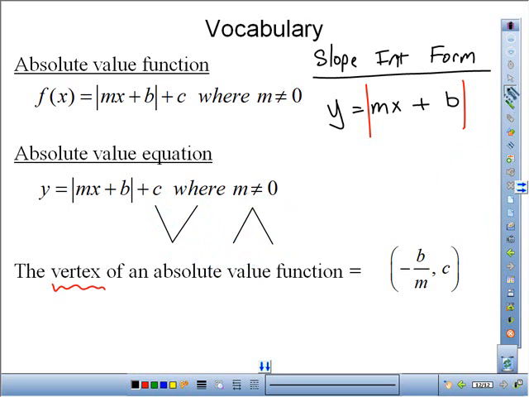But this point in the middle right here is called the vertex of the graph.